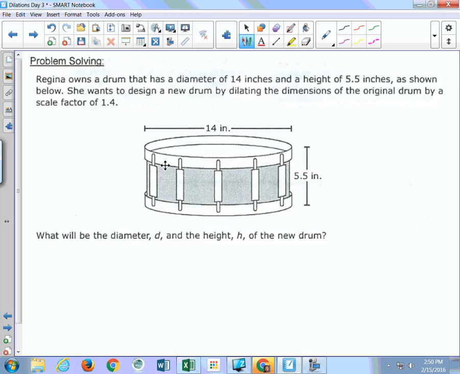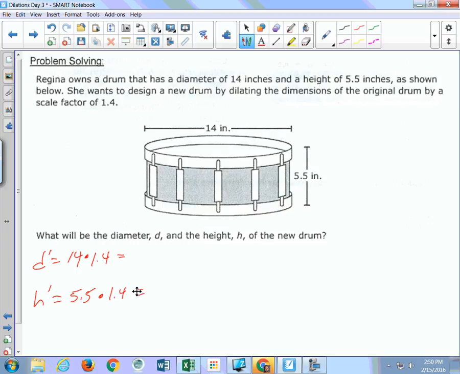I need to multiply it times 1.4. So, to get my new diameter prime, it is 14 times 1.4. If I want to get my new height, what am I going to do? Multiply it times 1.4. So, 5.5 times 1.4.